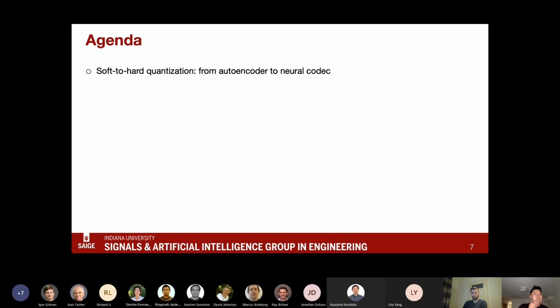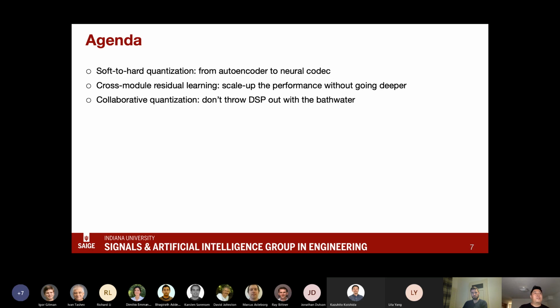So in this presentation, I will start from a trainable quantization scheme that can convert an autoencoder to a neural codec. From there, I want to talk about a cascaded cross-module residual learning scheme to achieve scalability without making the model go deeper.